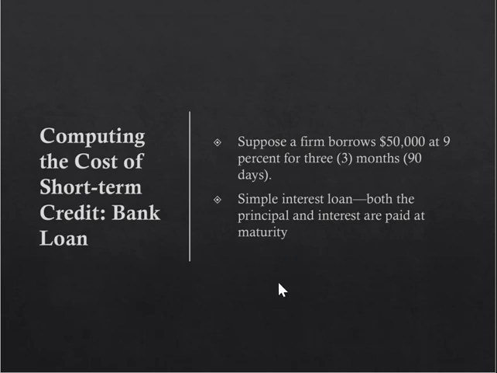When we look at the cost of short-term credit for a bank loan, here's an example, utilizing the same formulas. Suppose a firm borrows $50,000 at 9% for 3 months, which is 90 days, and both the principal and interest are paid at maturity. So there are no periodic payments, but at the 90-day point, you pay back the full amount.